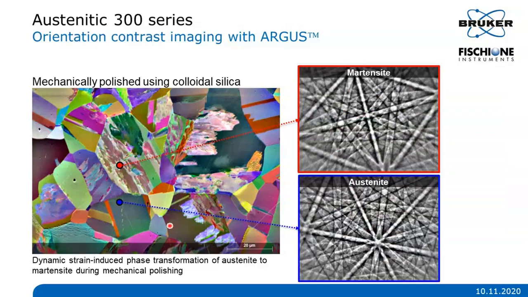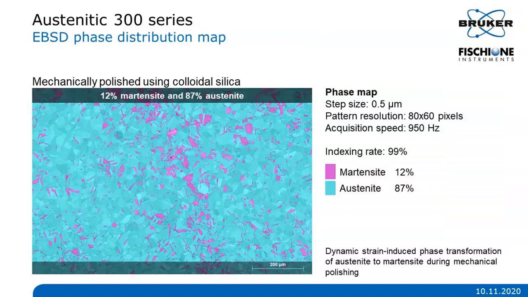This is a result of dynamic strain-induced phase transformation of austenite to martensite during mechanical polishing. So if you map such a sample using EBSD, you will get some fraction of martensite here shown in pink color, and the remaining fraction of austenite here shown in light blue.